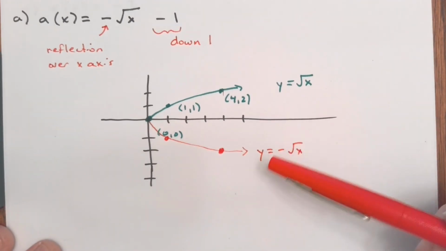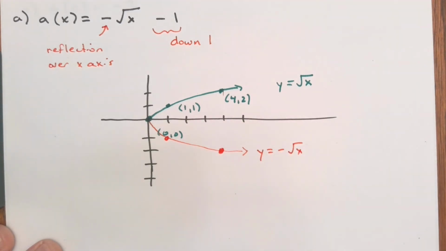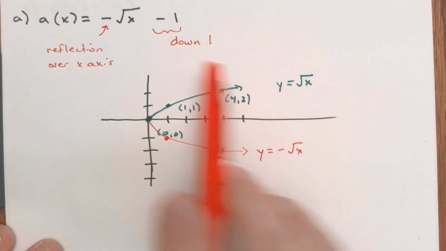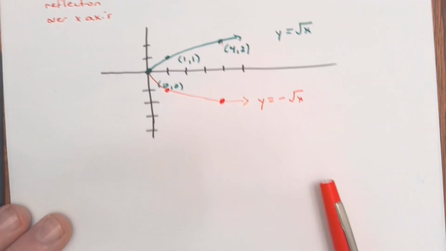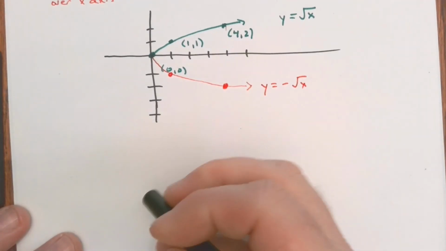And now what I need to do with that is I need to take that graph, the one that I have in red, and I need to slide that down 1 unit, and that will give me my final answer.